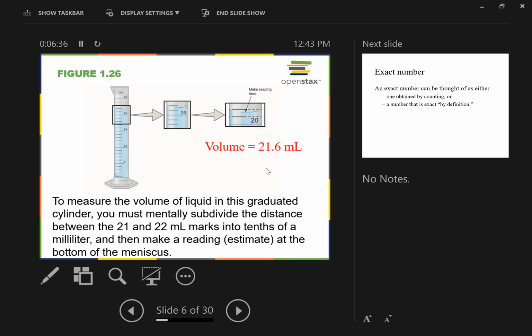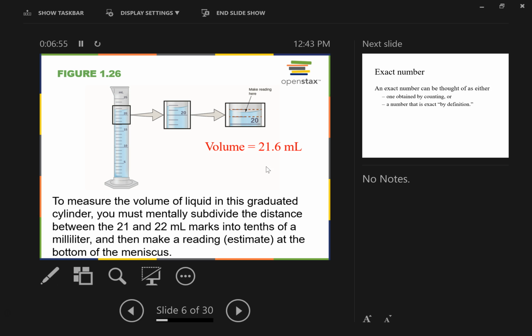So you guys are going to have to do that. And I think I used the word meniscus the other day. Meniscus is the shape it forms, and you take the bottom of that. So 21.6 milliliters.